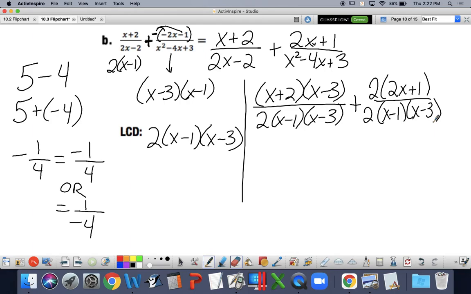I now, though, have common denominators. I would like to be able to go through and add them, but first, let's FOIL. Right, let's FOIL this out. This numerator I have up here, and let's distribute this 2 down here.